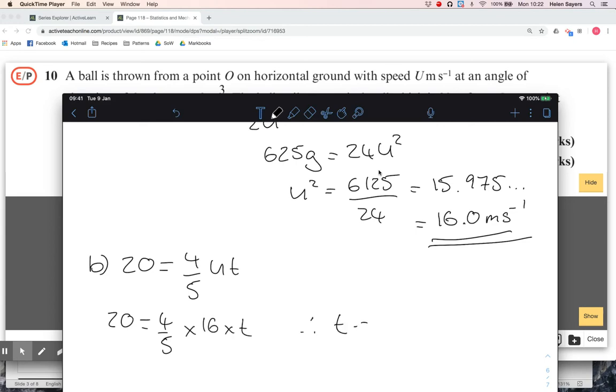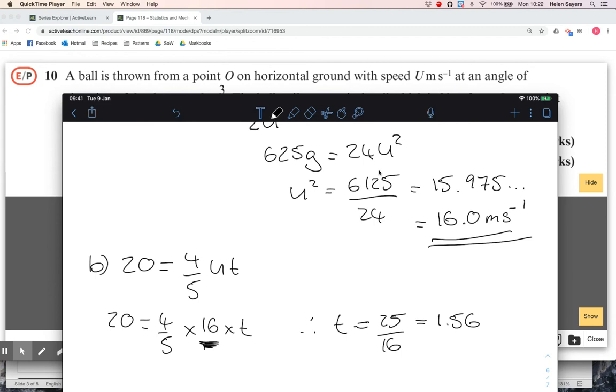So T is going to be, so 20 times 5 divided by 4 divided by 16. I am getting, so in exact form, 25 over 16, but I can't leave it in exact form because that 16 wasn't exact. So it wouldn't make any sense to try and pretend I had it in exact form. So 1.56.